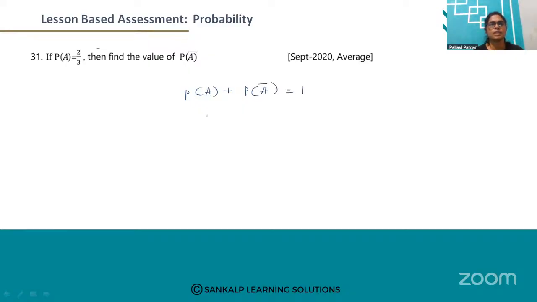Here P of A is given as 2 by 3, plus P of A complement is equal to 1. So P of A complement is equal to 1 minus 2 by 3, which is equal to 1 by 3. So P of A complement is 1 by 3.